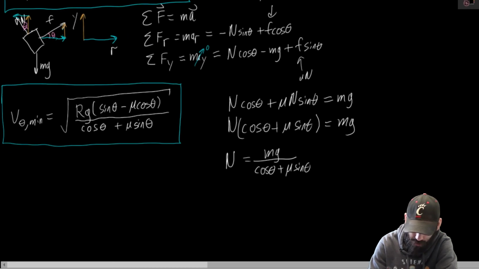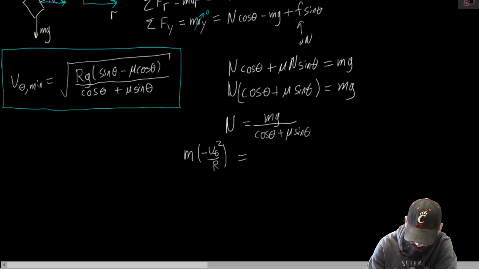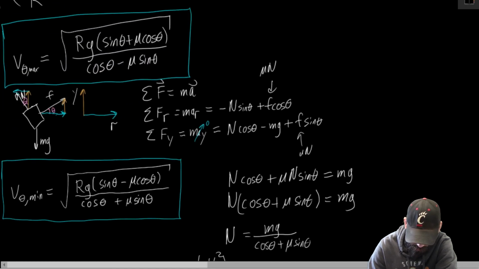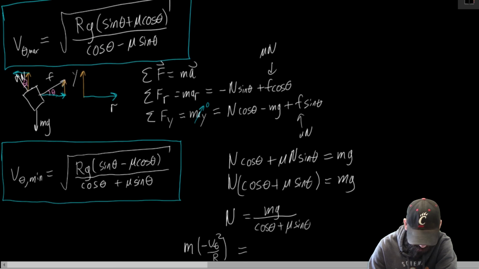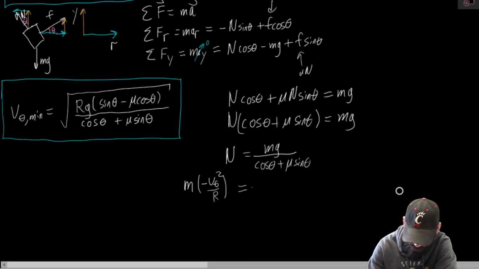And then from the top equation here, we have m times minus v theta squared over r is going to be equal to minus n sine plus cosine. So this is going to be minus n sine of theta plus mu n cosine of theta.